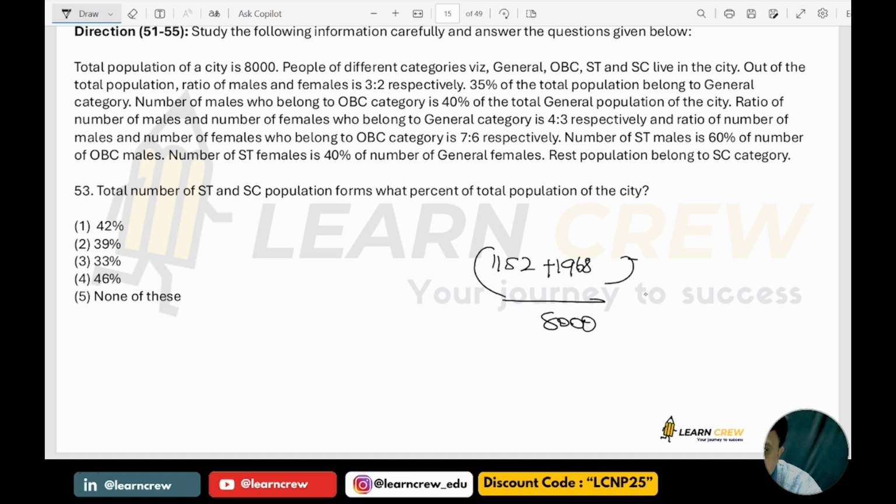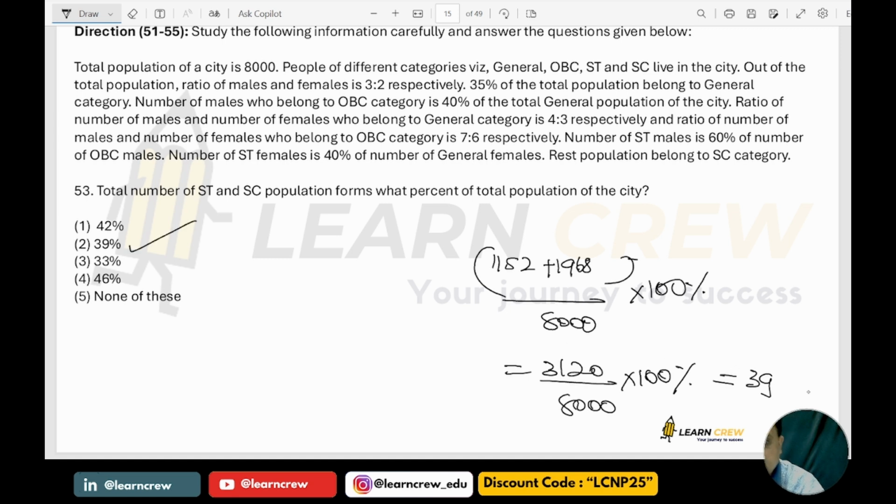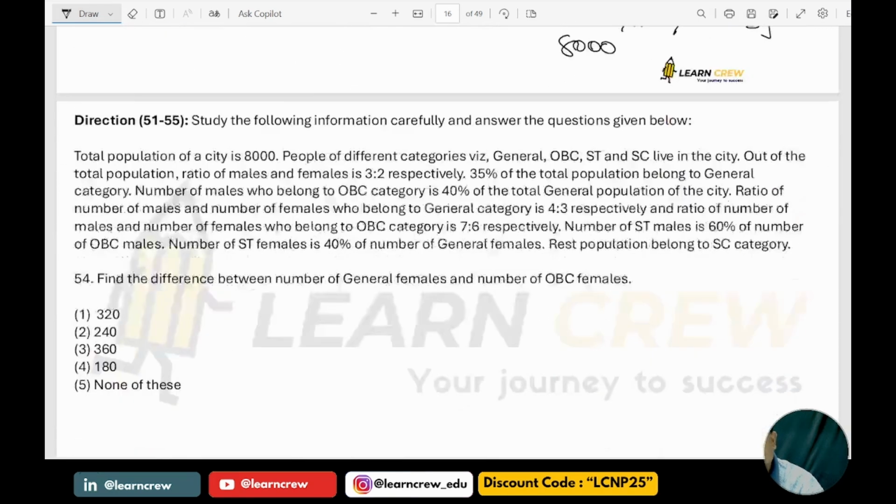Which is nothing but 3120. 3120 is what percentage of 8000? So here less than 40%. So 39%.